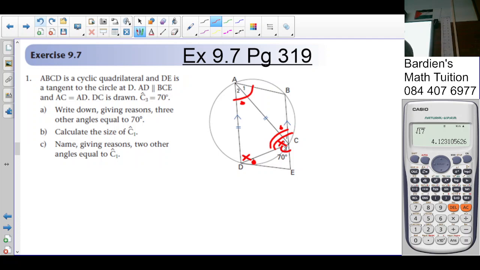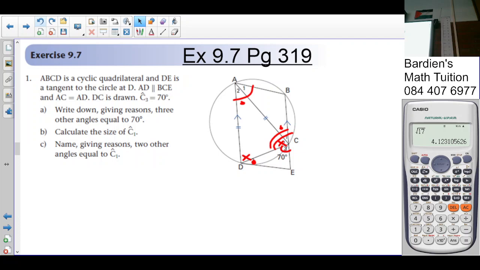So you got one. Where's two? B? A? D? No, that was one. Oh, and D1. Why D1? Alternate angles. Three angles equal to 70.